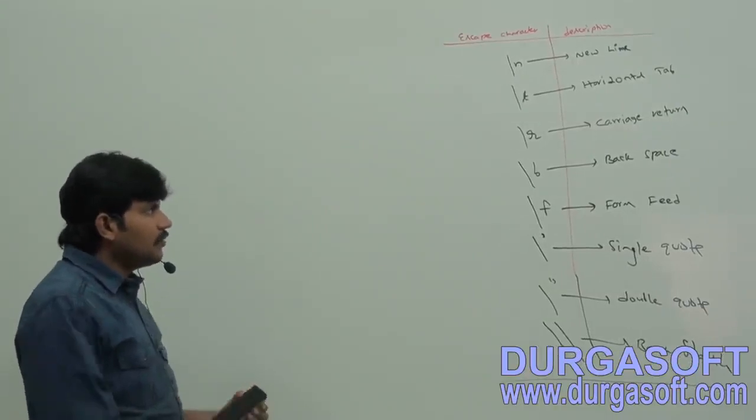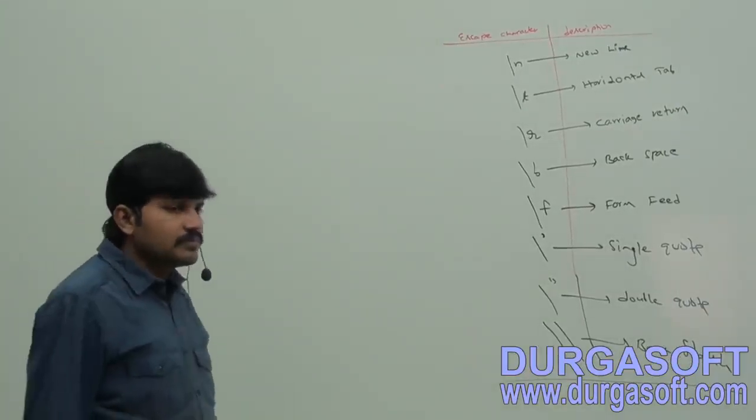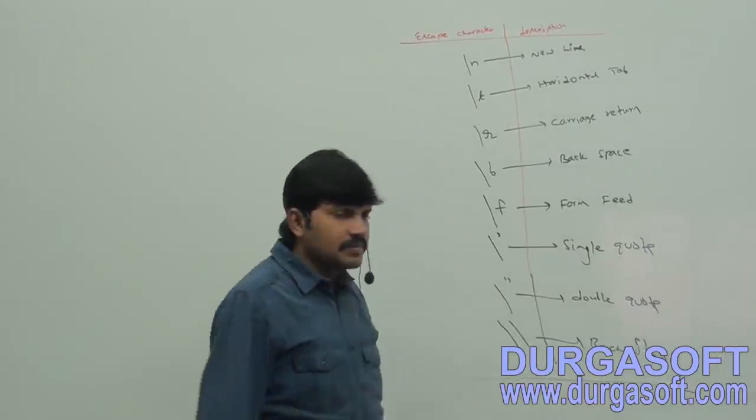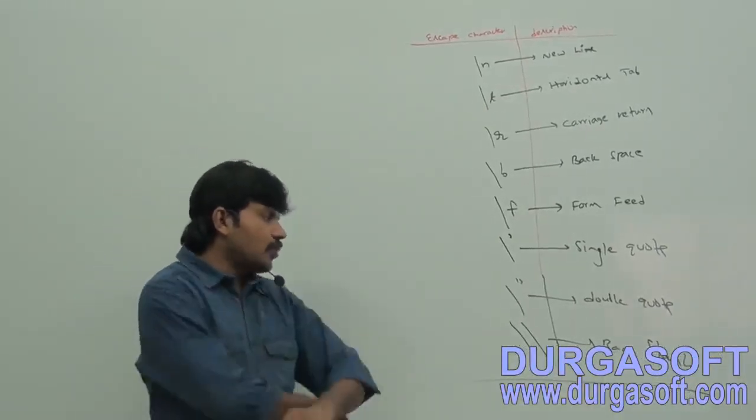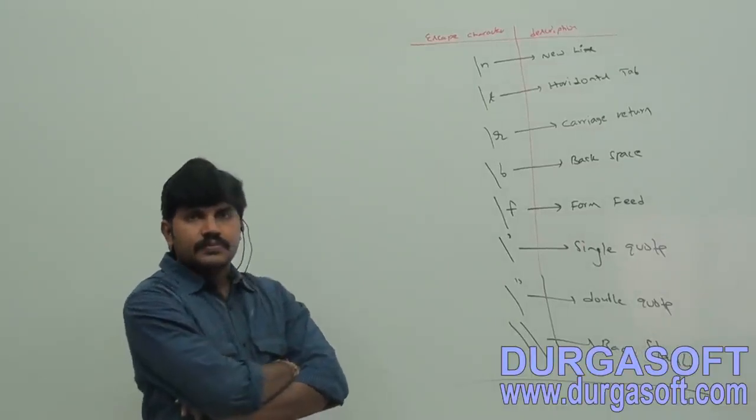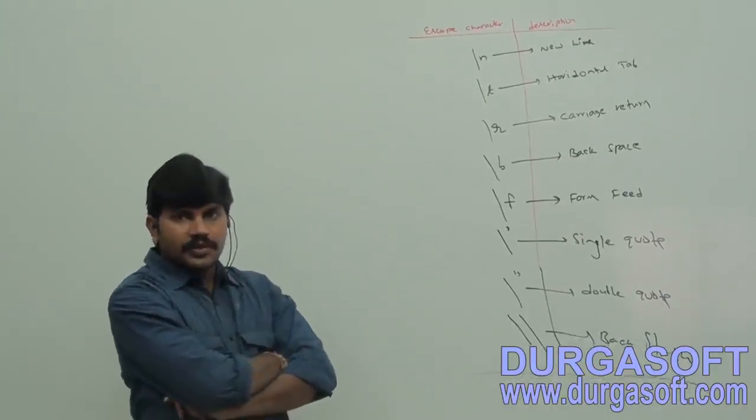Backslash n new line, backslash t horizontal tab, backslash r carriage return, backspace, form feed, single quote, double quote, backslash. Clear for all of you, right?